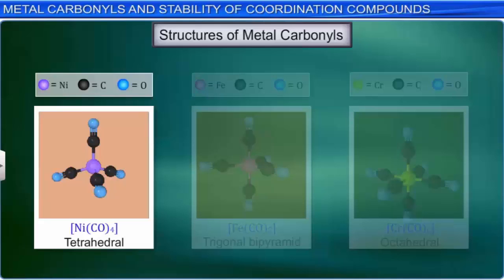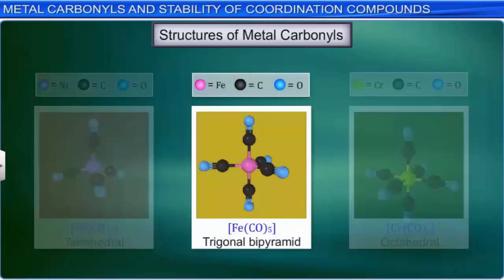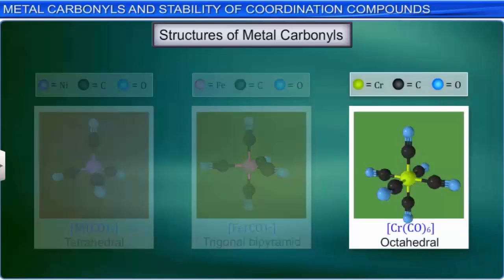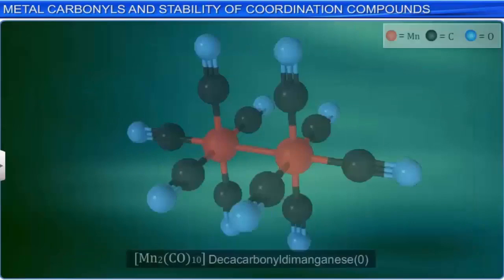Decacarbonyldimanganese(0) is made up of two square pyramidal units joined by an Mn-Mn bond. The molecule octacarbonyldicobalt(0) consists of two trigonal bipyramids with one edge in common.